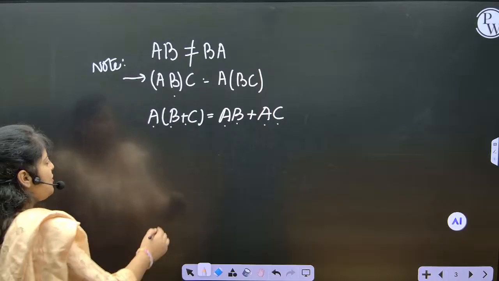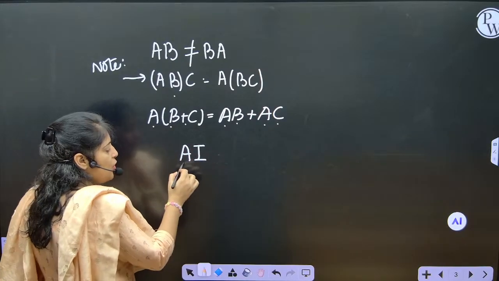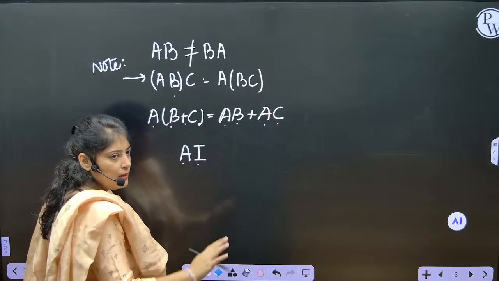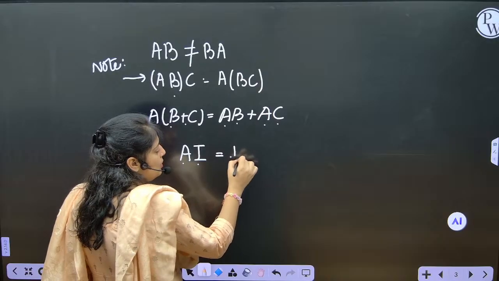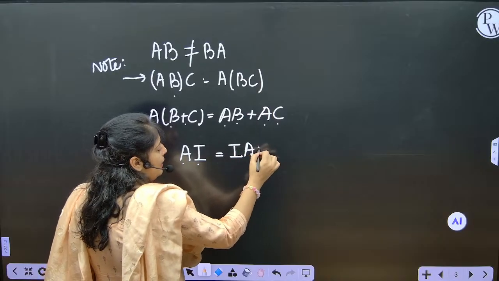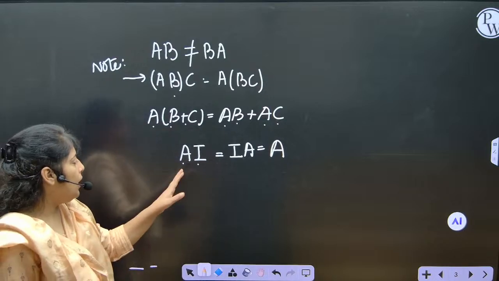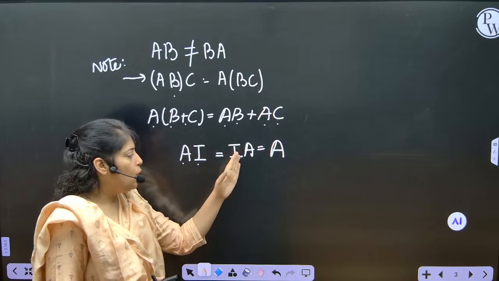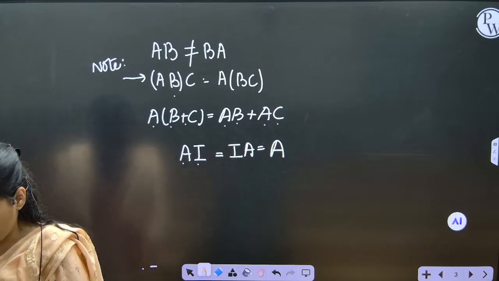If any matrix is multiplied with the identity matrix, of course the order has to match, then A into I equals I into A equals nothing but A. Either we write A into I or I into A, it will come out to be A only.